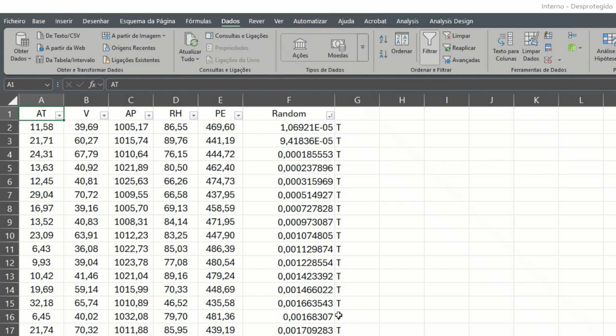The target variable is the net electrical energy output of the power plant.